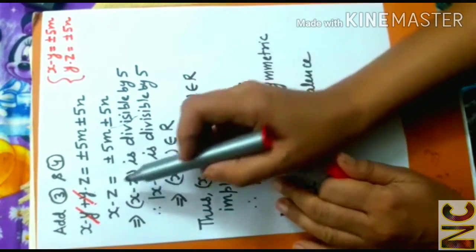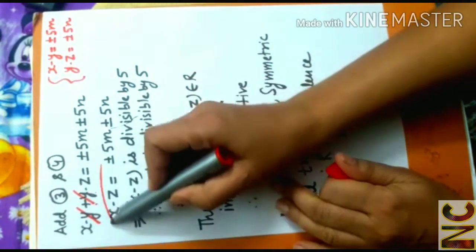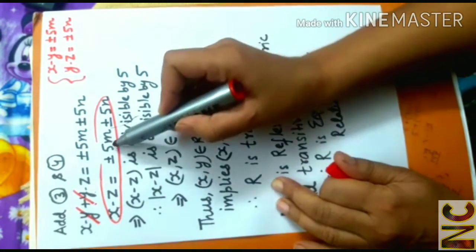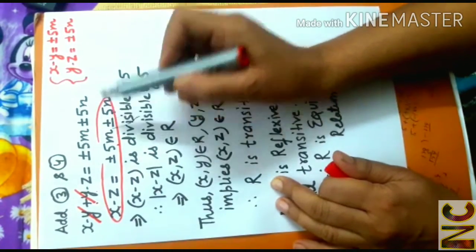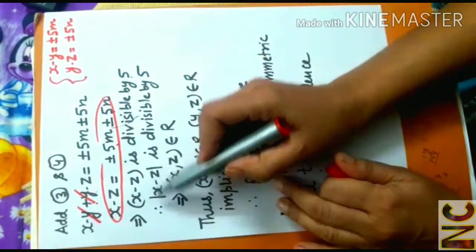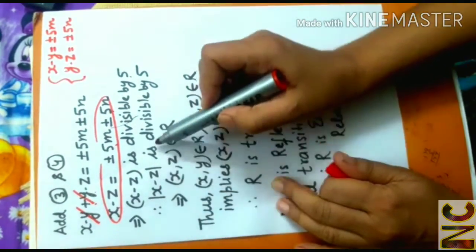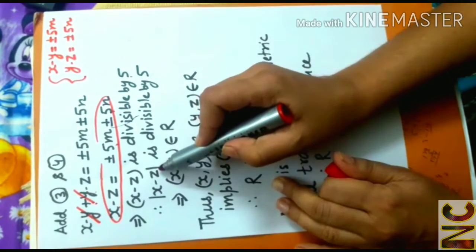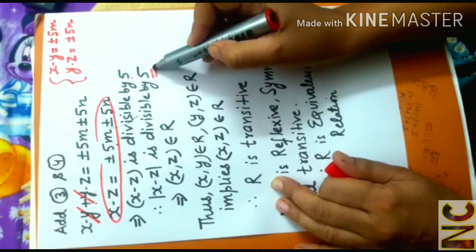Now you can see this will imply that x minus z is divisible by 5. Now when a number is divisible by 5, it means that its absolute value will also be divisible by 5. So absolute value of x minus z will be divisible by 5.